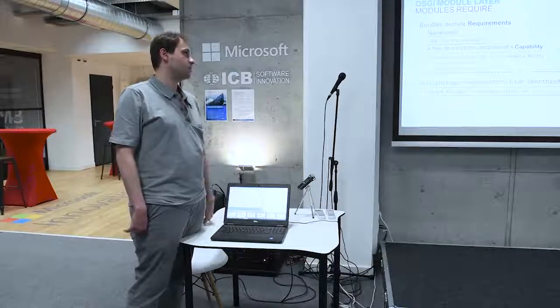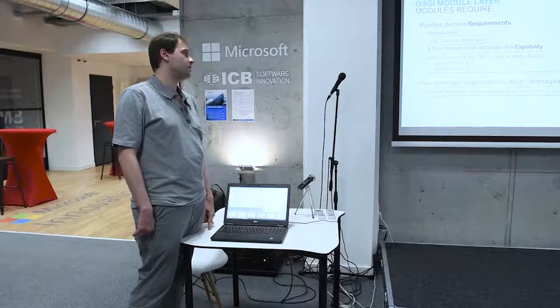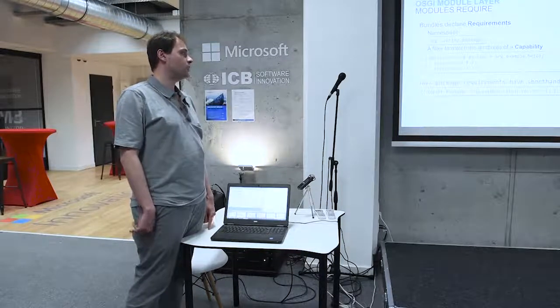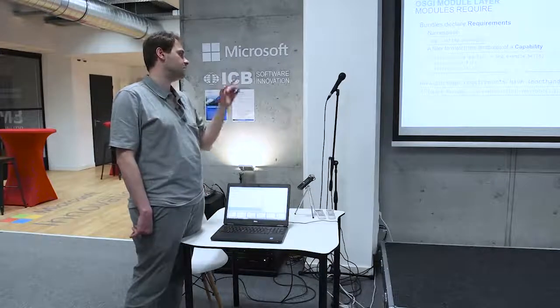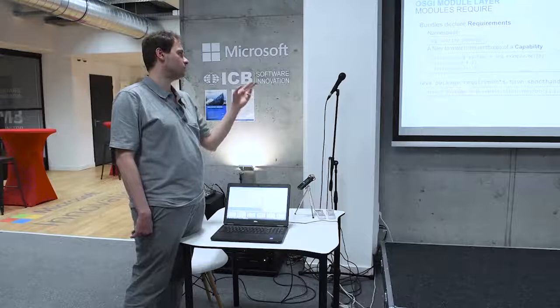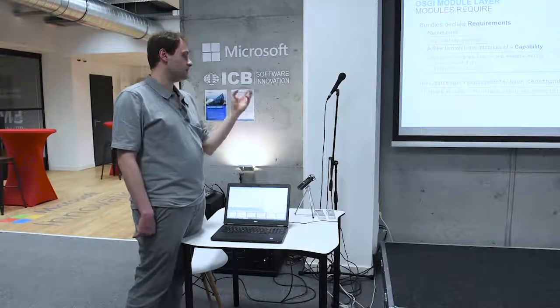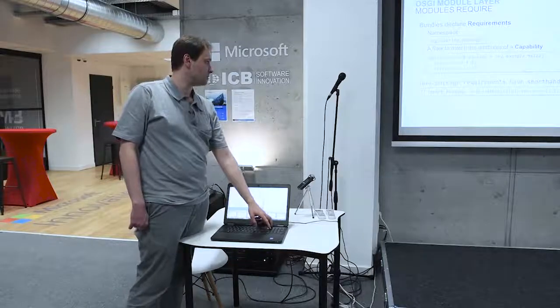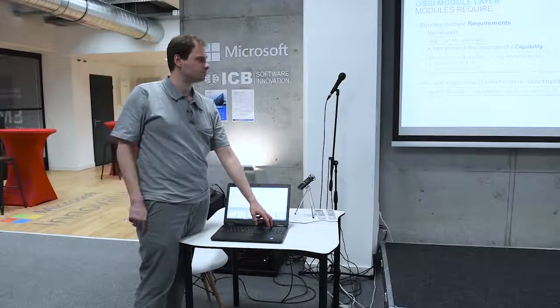So requirements have a namespace. It's like requiring an interface of a certain type, and they simply have a filter, which is a Boolean expression over the capability properties. Like I can say I need a package named hello, its version must be more than or equal to 1.2, and must be less than 2. And again, for packages we have a shorthand way to express this, import package and a version range.